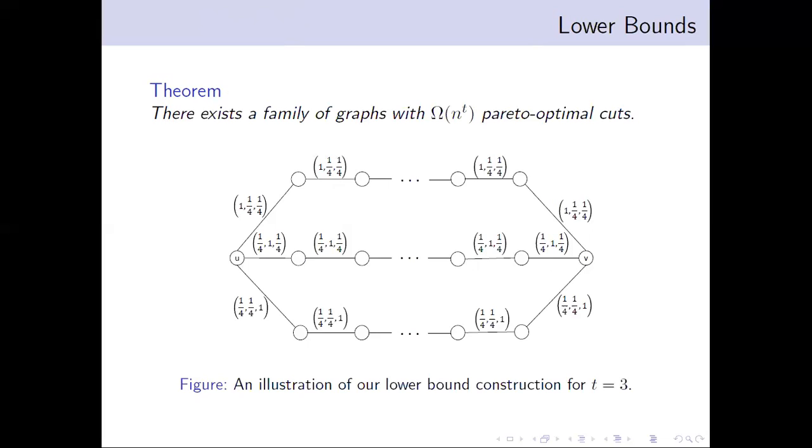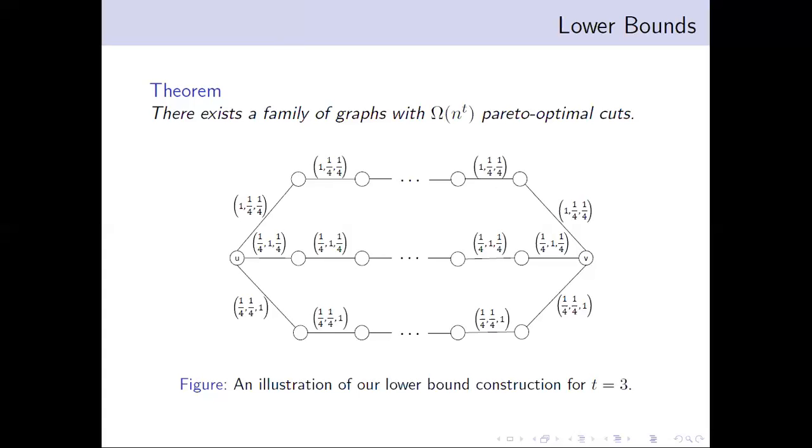Our construction with a large number of Pareto optimal cuts consists of two special vertices, u and v, and t different disjoint equal length uv paths. On the ith path, every edge has a c_i cost of 1 and a c_j cost of 1 over t plus 1 for every j not equal to i.